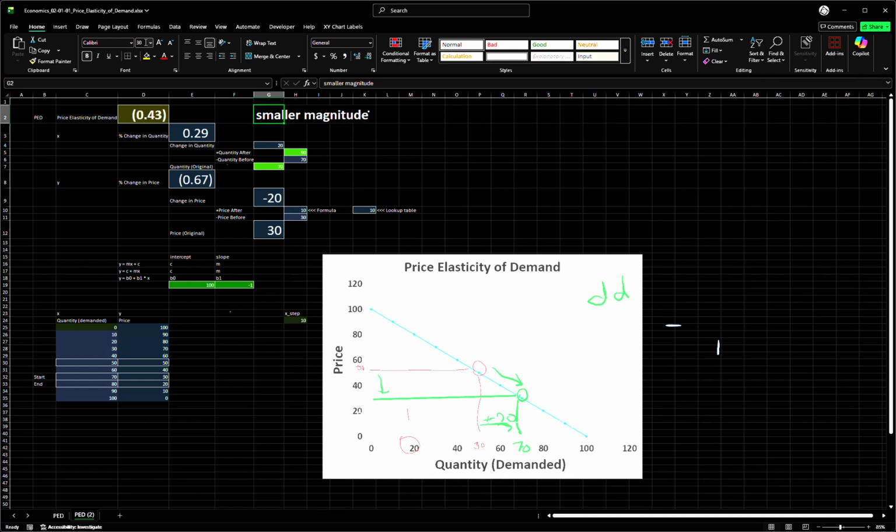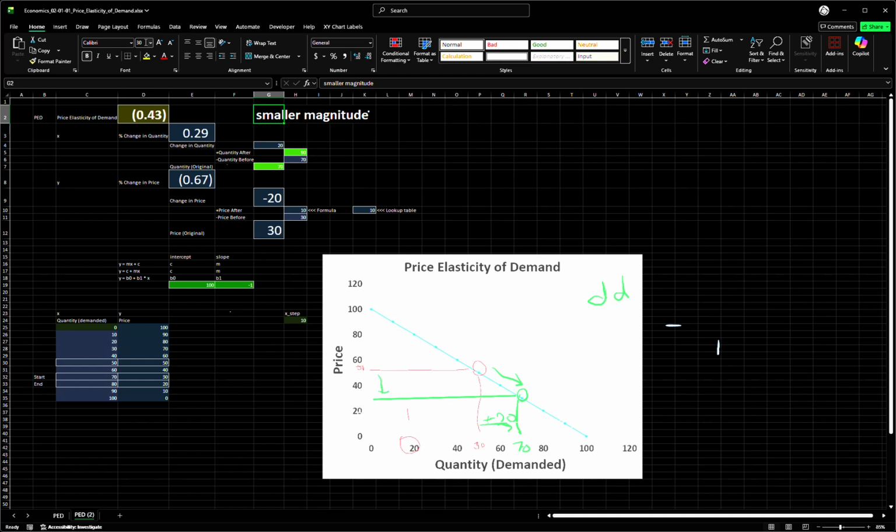It's about how sensitive demand is: as the price gets cheaper, you want to buy more of the stuff. But after that, when it gets cheaper again by the same amount, your quantity demanded increases less. In absolute amount you still increase by 20, but proportionately the percentage change in quantity demanded is smaller.